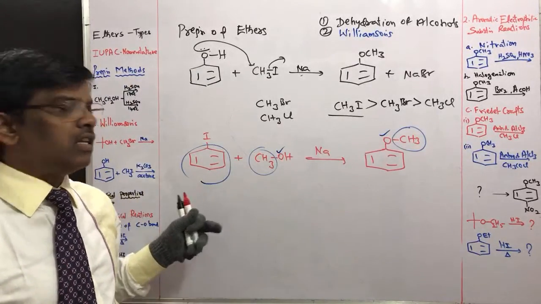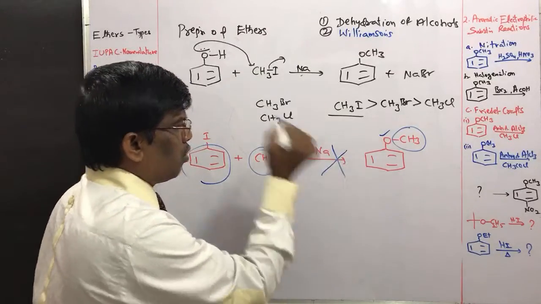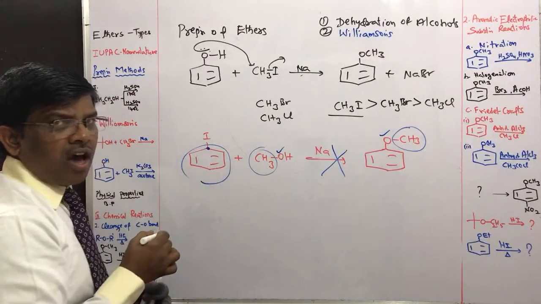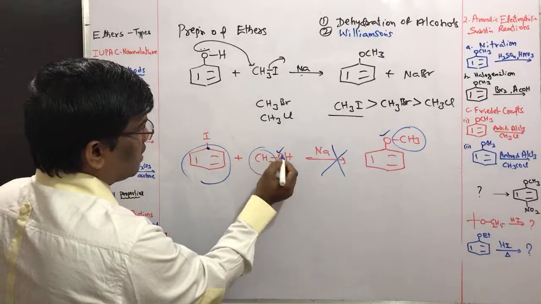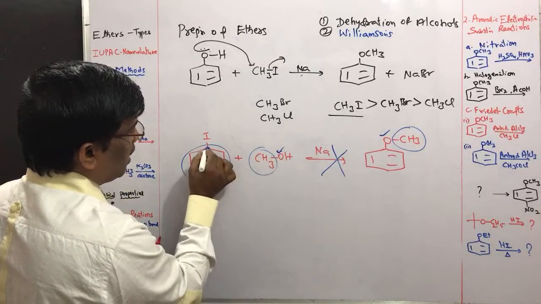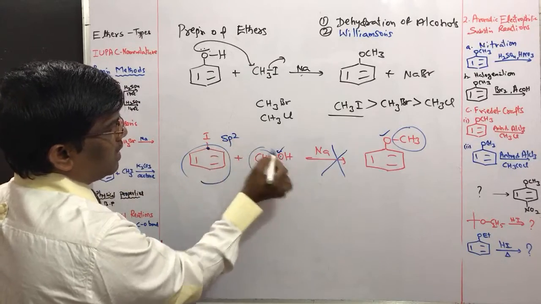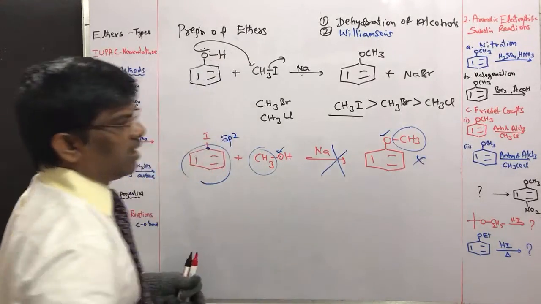Yes, you will get iodobenzene. Is it possible to make this? No, because nucleophilic substitution on this carbon is not possible. Formation of this ether on this sp2 hybridized carbon with this oxygen is not possible. So this method will not work.